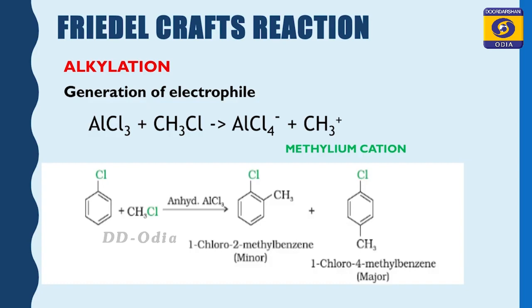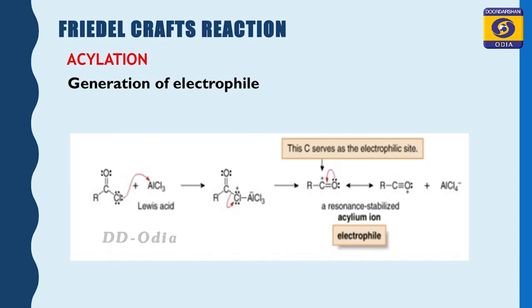When aluminum trichloride reacts with CH3Cl, then all of us know that in aluminum trichloride, aluminum is an electron deficient species. It has 6 electrons present around it, so it has the tendency to complete its octet. Then what is the situation for methyl chloride? In methyl chloride, the Cl atom which is bonded to the carbon atom of the methyl group is more electronegative.